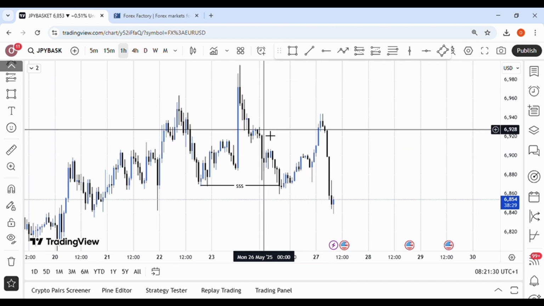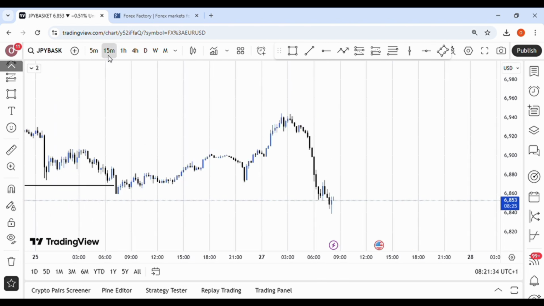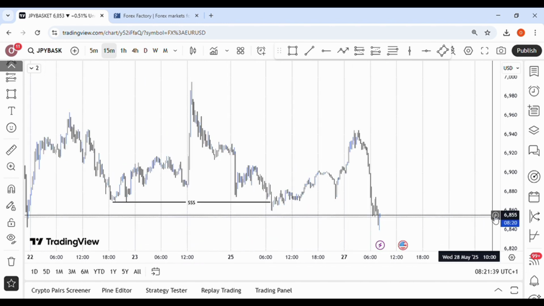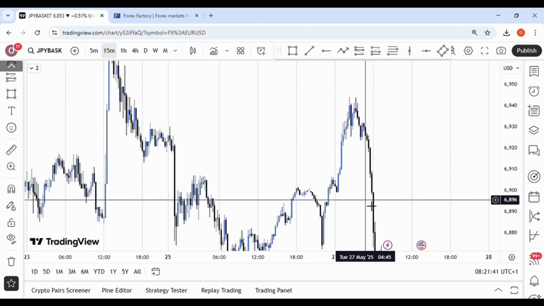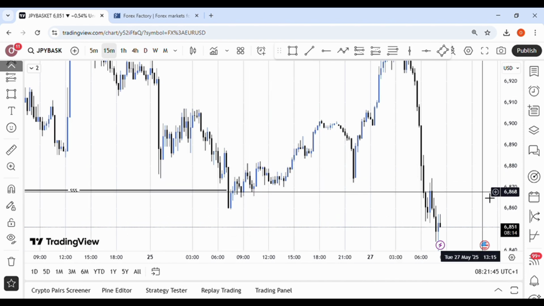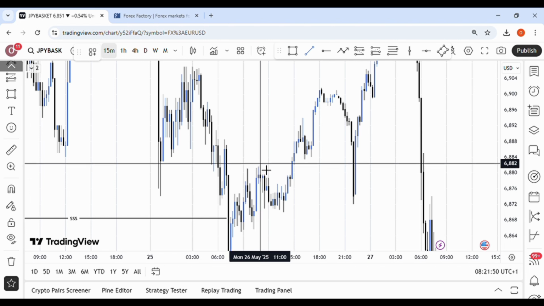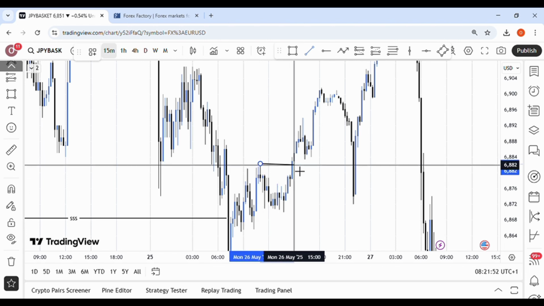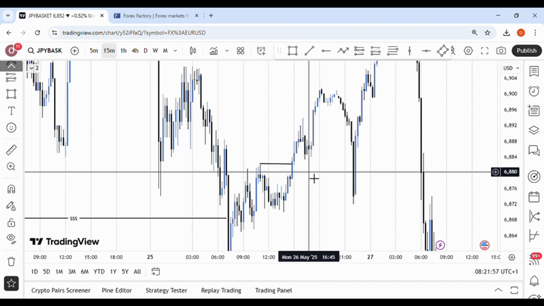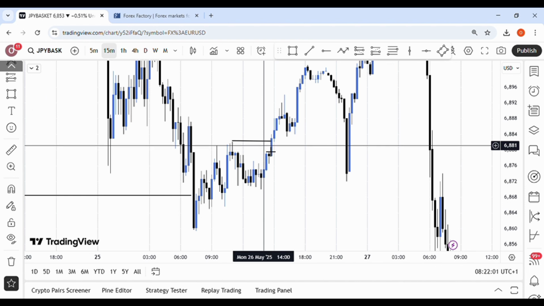So now, down to our 15-minute time frame, let's see if we can have an entry there as per yesterday. Yes, this was our entry yesterday. After price swept our liquidity, you can see what price gave us yesterday: a shift in market structure. After this shift in market structure, price gave us a fair value gap over here.